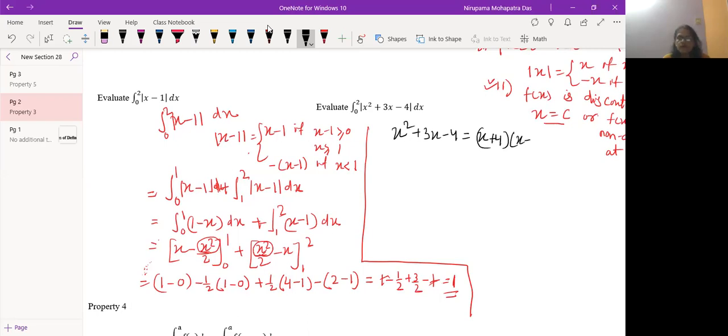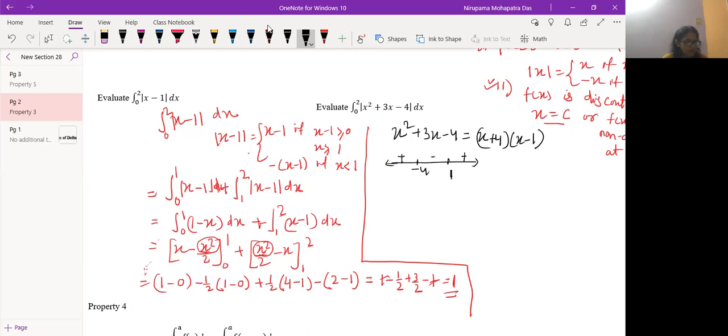So when x square plus 3x minus 4 equal to 0, x equals minus 4 and x equals 1. So here you have minus 4 and 1, and you can use the simple sign trick: plus, minus, plus.